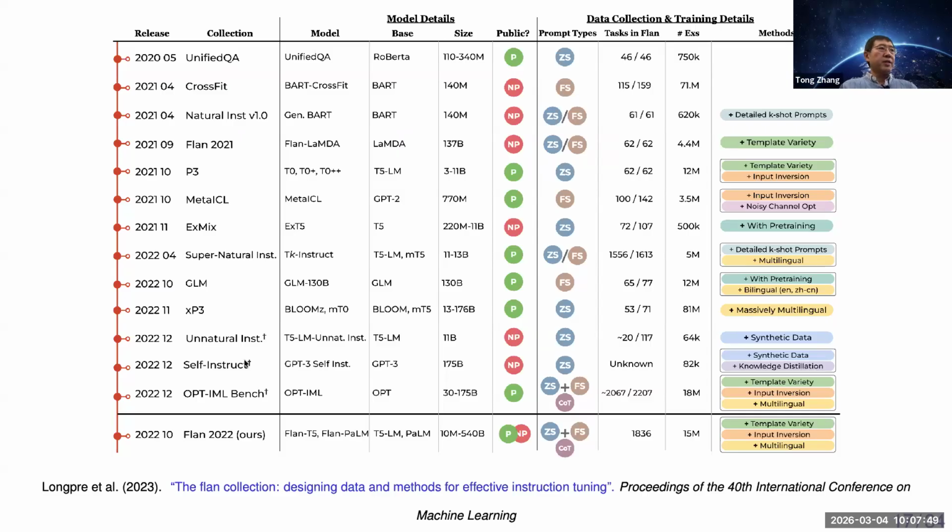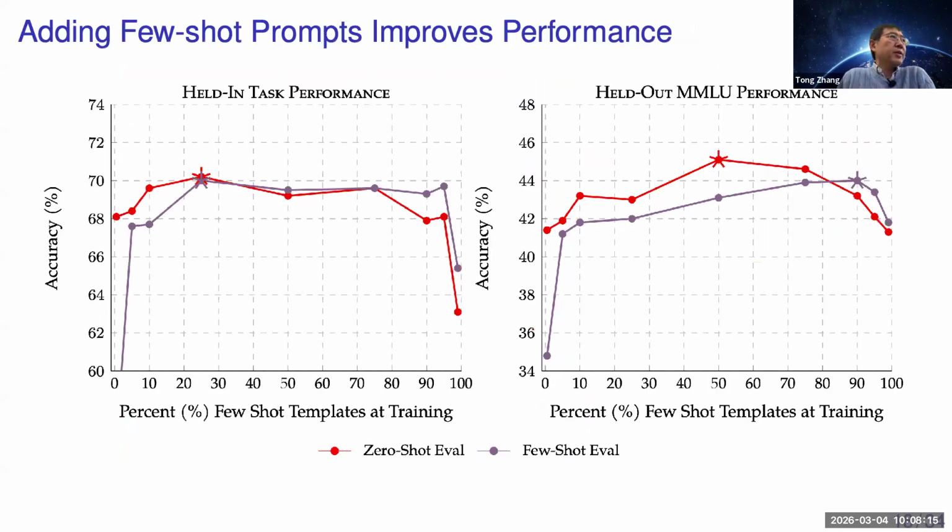This is LLM generated, a representative work of that, and they have these models and so on, and they have sizes of these data and so on. This is the model size, not the size of the data collection.